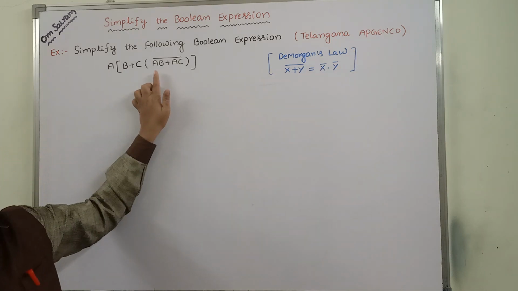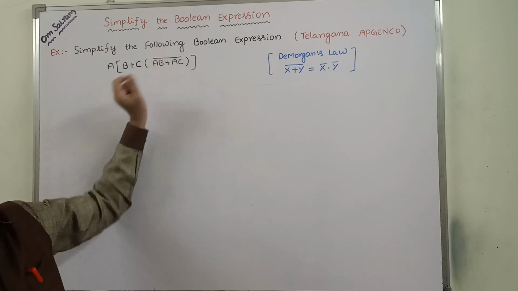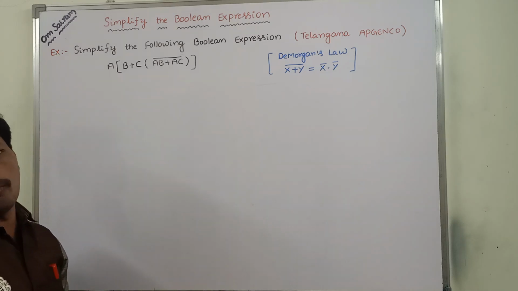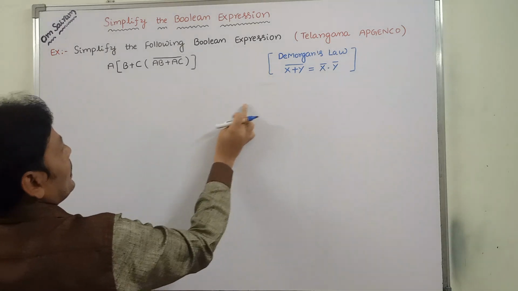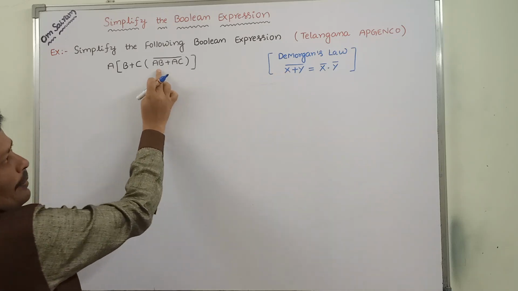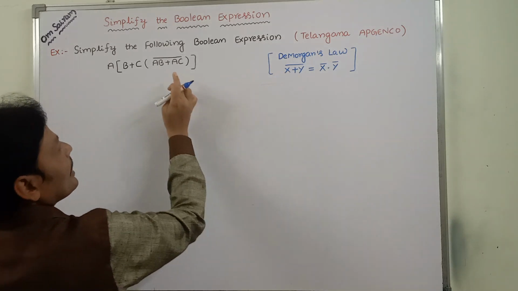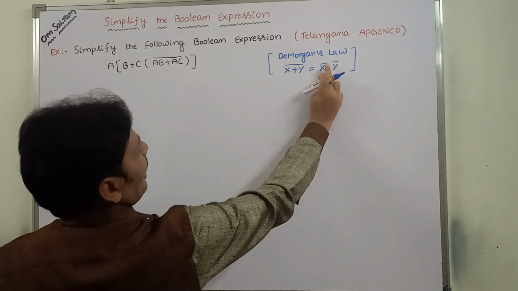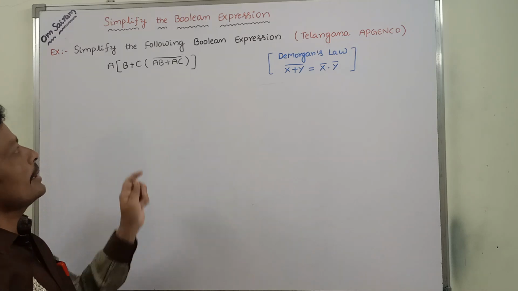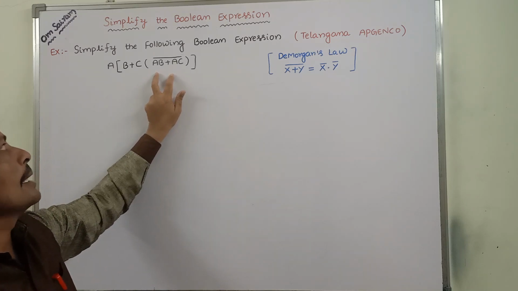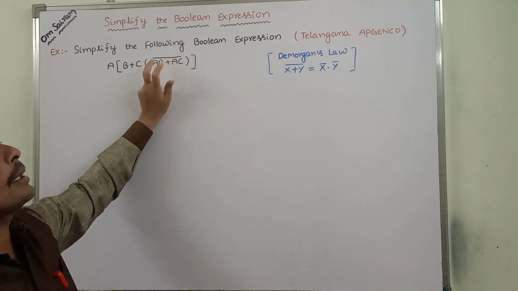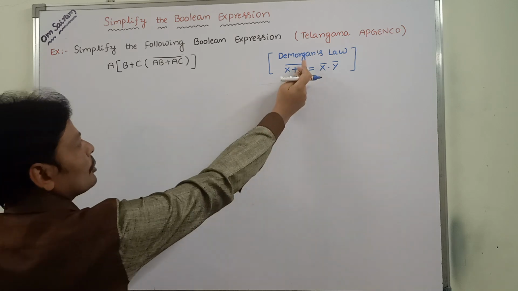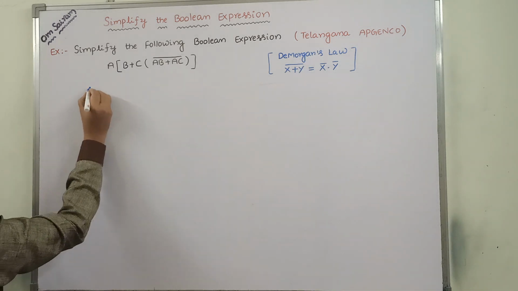Here, AB plus AC whole bar is similar to X plus Y whole bar, where in place of X, AB is there, and in place of Y, AC is there. So X plus Y whole bar is equal to X bar into Y bar. In the same way, we write AB plus AC whole bar is equal to AB bar into AC bar according to De Morgan's law.